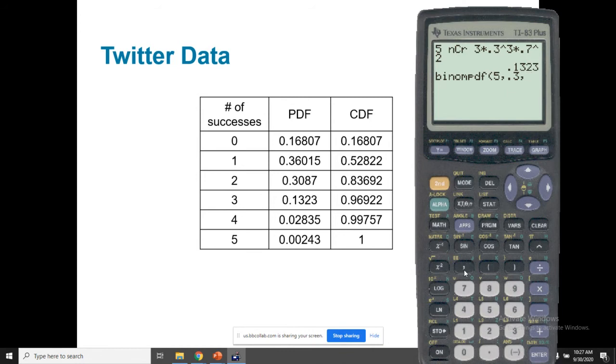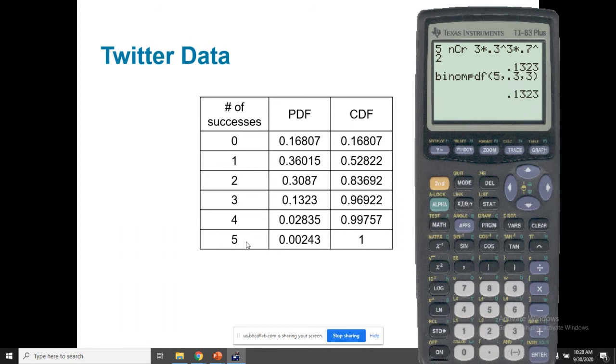And now I have to put in the value for x, and we want the probability of exactly 3 people knowing what Twitter is. And notice if I hit enter, I get 0.1323.